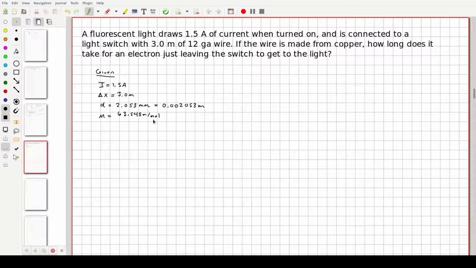Knowing this, we can figure out how many atoms there are per unit volume by looking up the density of copper and using this, and we're going to get to that in a moment. Given that it's copper, like I said, it's one charge carrier.